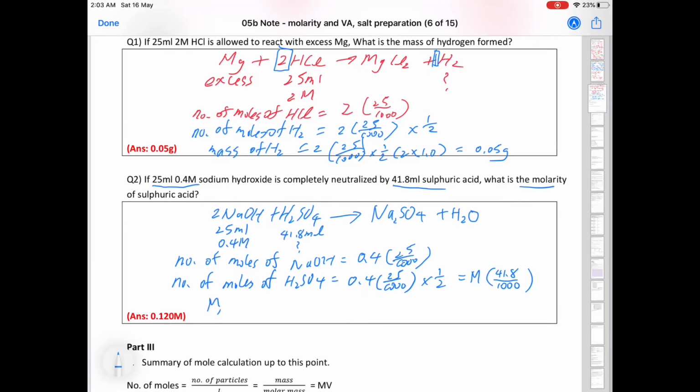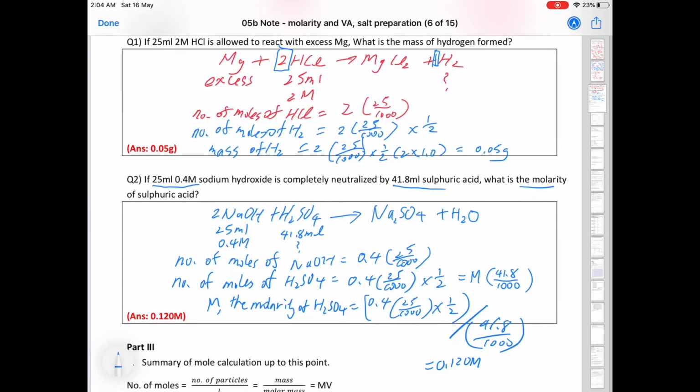So M, the molarity of H2SO4, equals 0.4 times 25 divided by 1000 times 0.5, and then this whole term we divide by the volume of H2SO4 in dm cube, so you can get the answer, which is equal to 0.120 M.